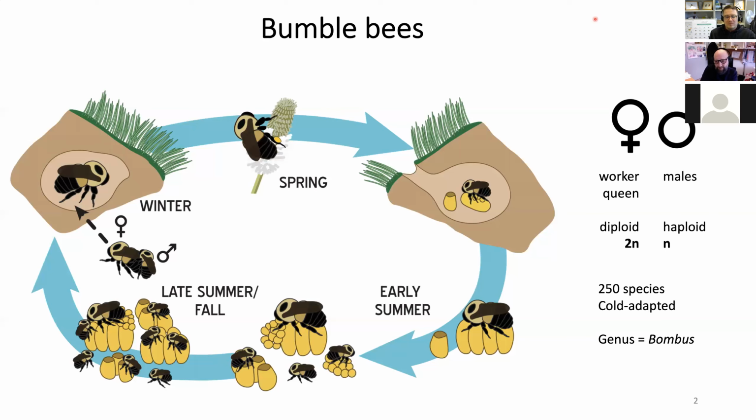There are about 250 Bombus species. They're haplodiploid, as are all other bees, all Hymenoptera, and they have an interesting life cycle which differs from honeybees in that they build colonies during the spring, which grow during the summer, and then eventually these colonies disperse, and mated queens hibernate over the winter on their own.